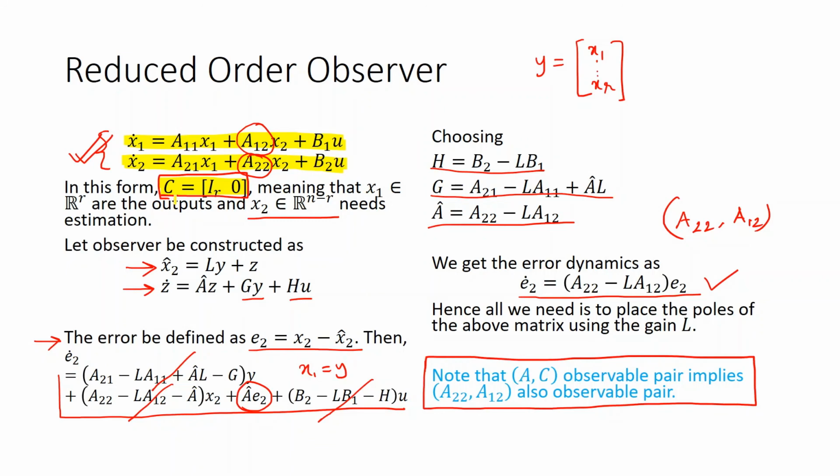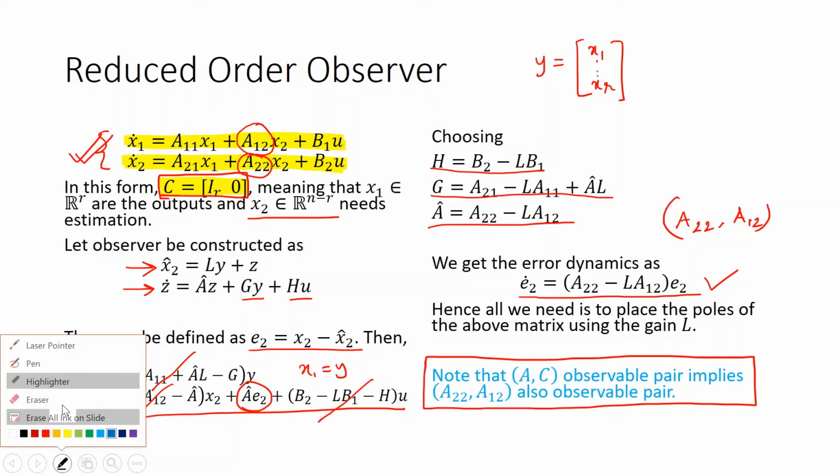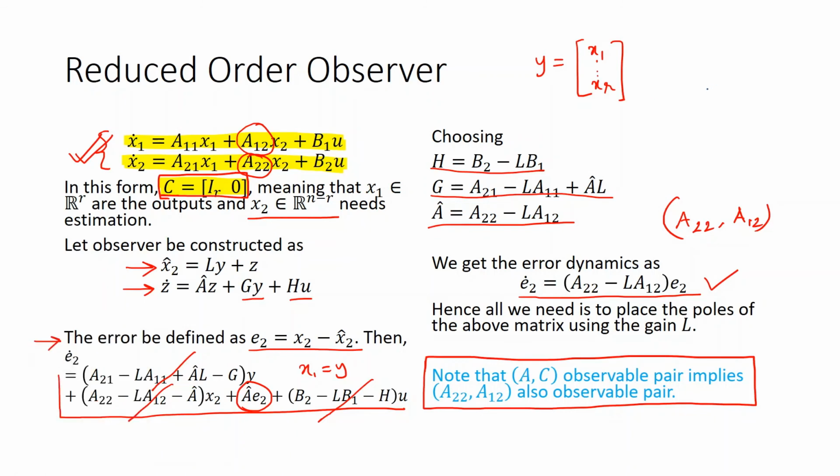But you can always come to this sort of form by using some similarity transformation, and you can try to evaluate that similarity transformation, at least for a scalar output. Suppose your y is simply x1, which is a scalar here, then your C, what you intend is this.